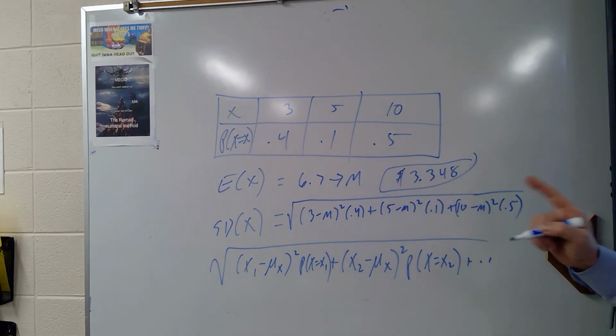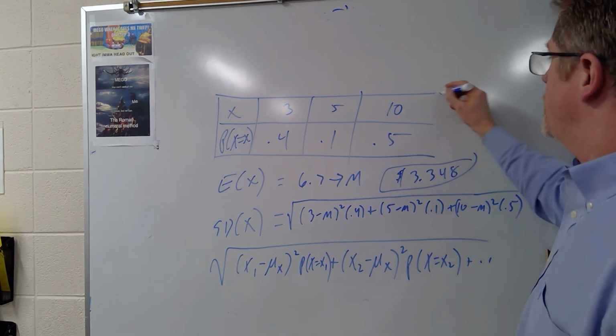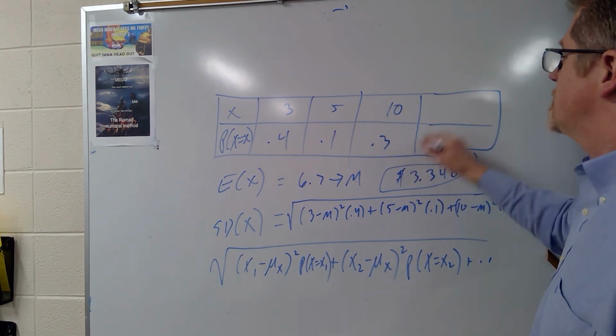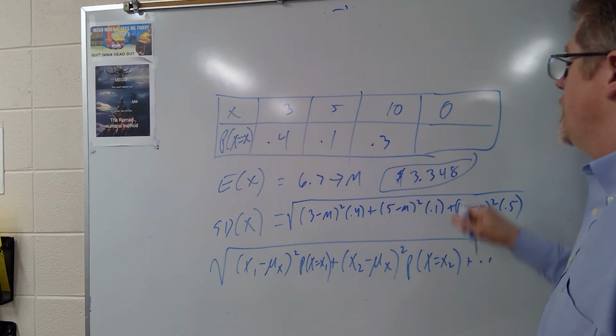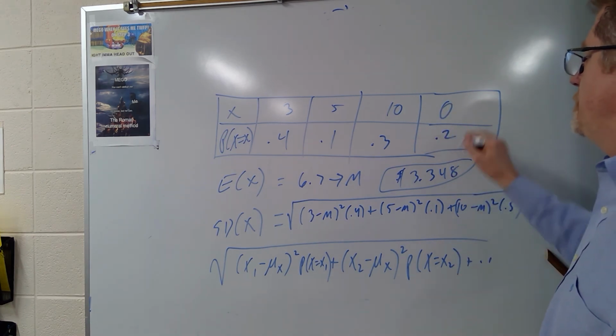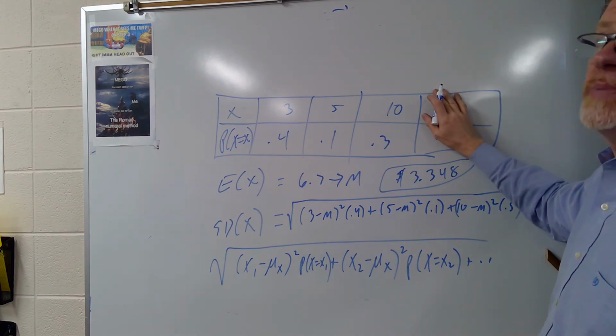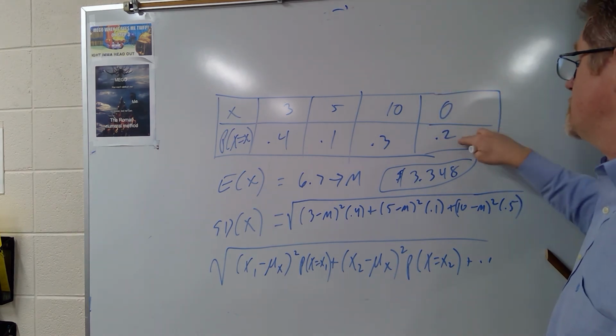Now, you have to watch out, because sometimes people think that if there had been a 0 in here, like what if this had been 0.3 and this had been 0 and 0.2? What if this had been the original distribution of the random variable x? Then this column doesn't matter when it comes to expected value, because 0 times 0.2 is 0.